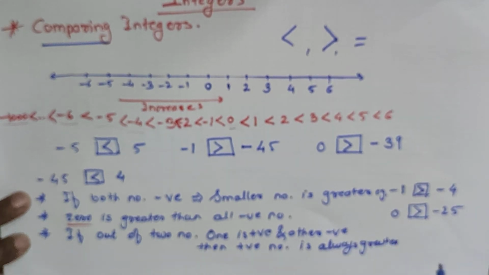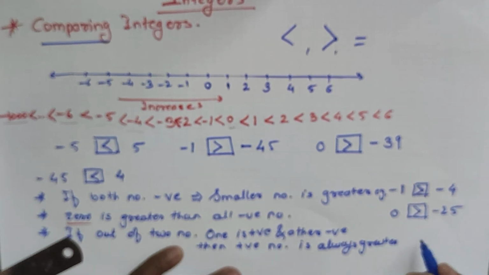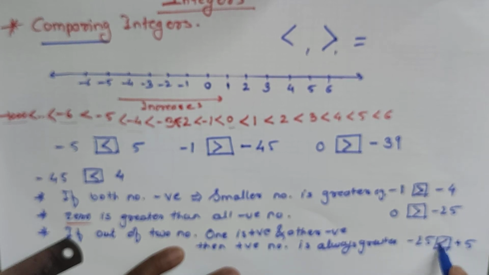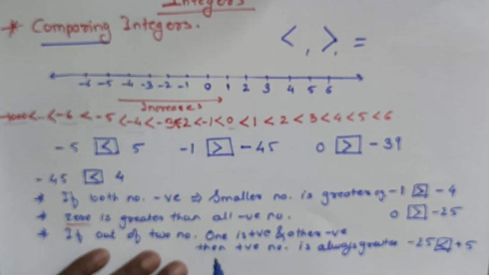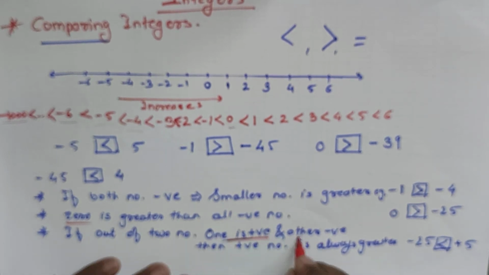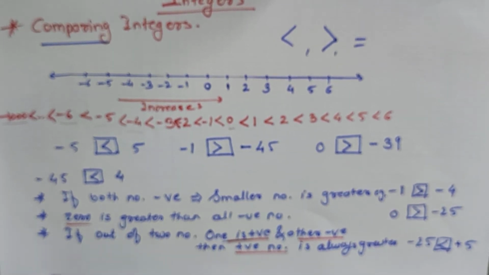So here suppose I write -25, and here I write +5. Which is greater? The +5 is greater. Why? Because if one is positive and another is negative, the positive number is always greater than the negative number.